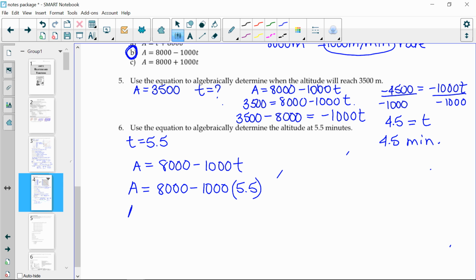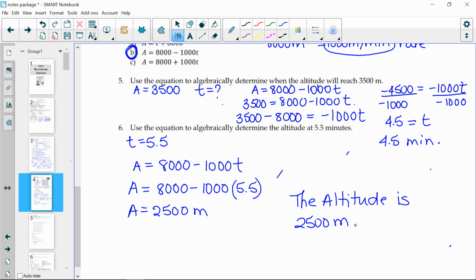And you can put all of this into your calculator. And our altitude is going to be 2,500 meters. Okay. So the altitude is 2,500 meters.